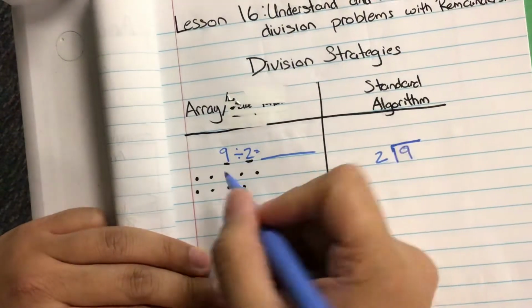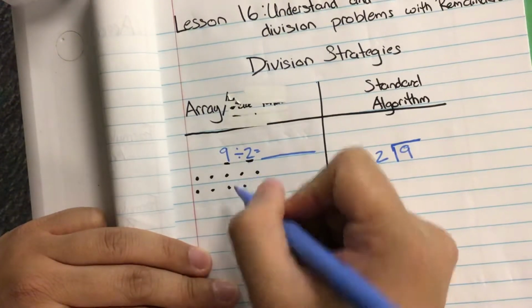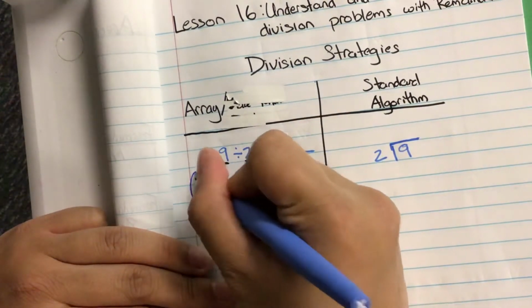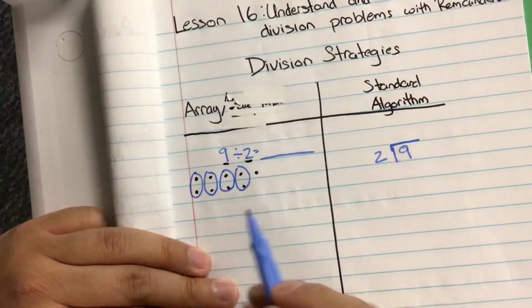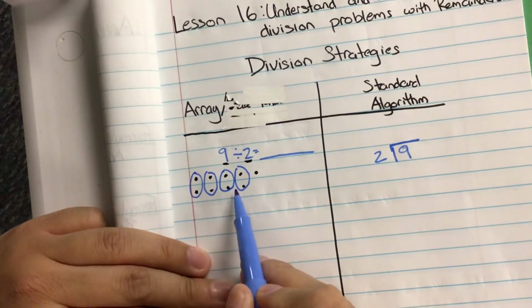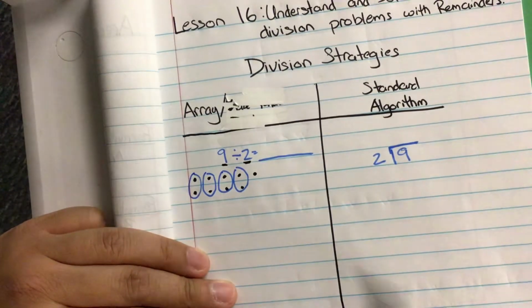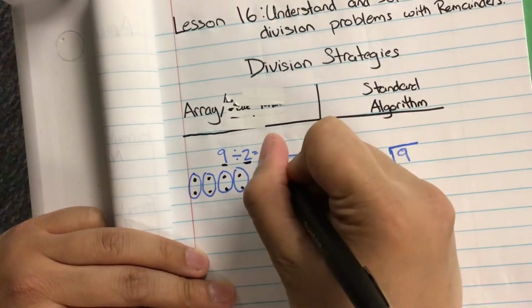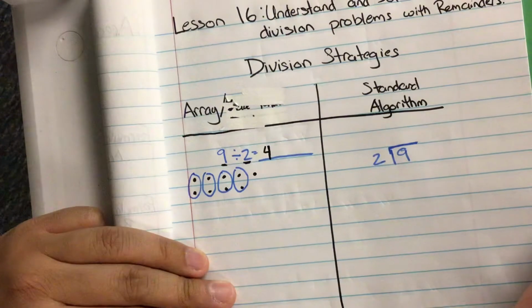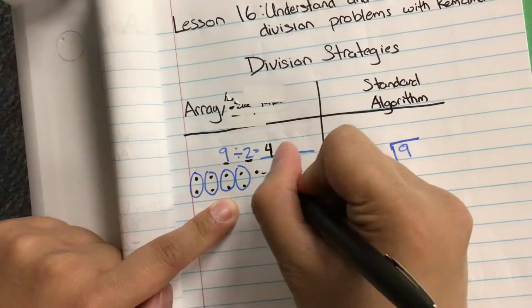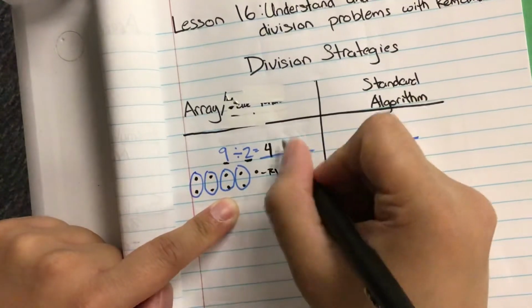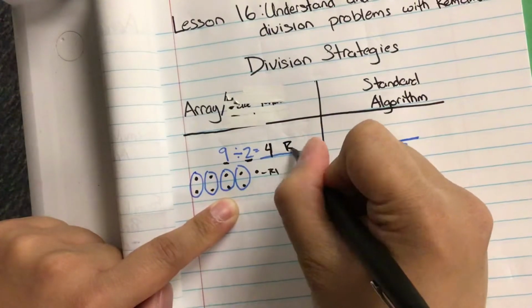Okay? So out of 9, when we divide them into groups of 2, we figure out how many groups we made where there's only 2. So we have 1, 2, 3, 4. So our quotient is going to be 4 because we have 4 whole groups of 2, but then we have 1 remainder. So our answer is going to be 4 remainder 1.